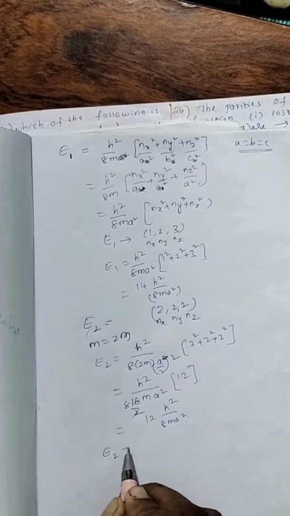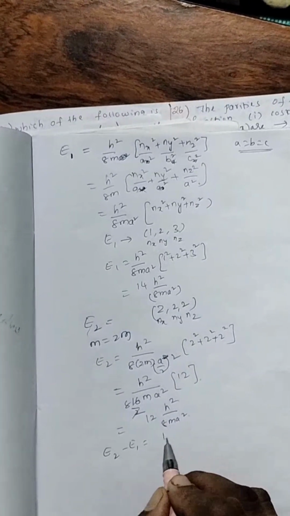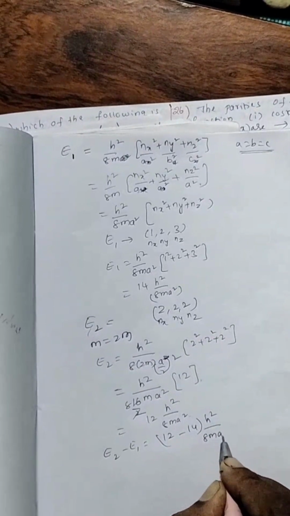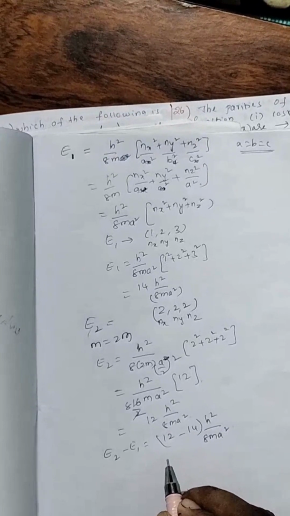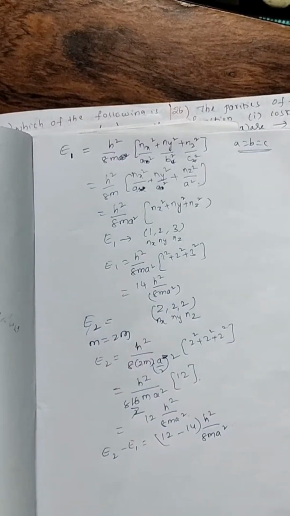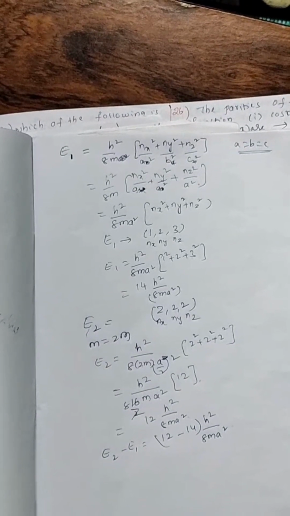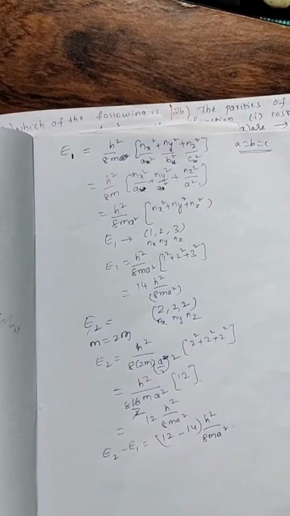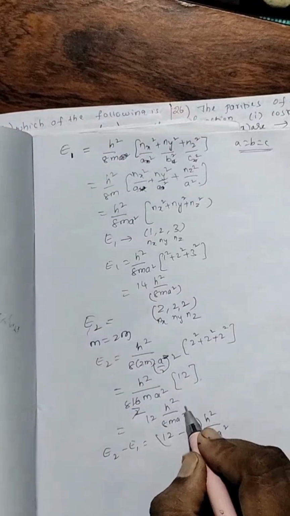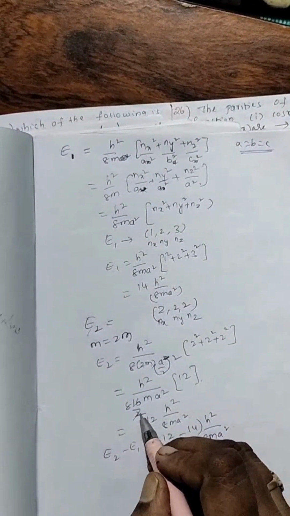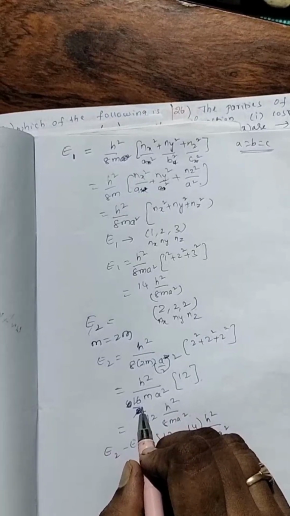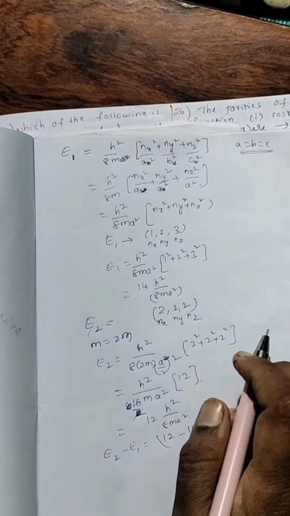Now, what was asked to find? E2 minus E1, no? So what will be E2? 12, E1 is 14, the common term will be 8m a square. So what are we getting? E2, don't strike off this. Somewhere we missed a 2 that will come up.